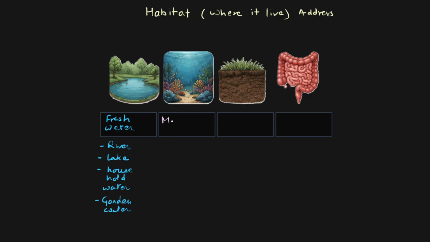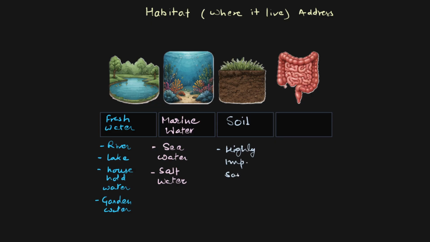Next, as you can see in the image, I'm sure you can guess it's marine water. So protozoa are present inside the seawater, salty water. They are also able to survive. Next is soil. We have a nice garden outside, and in that soil you can find eggs, you can find parasites. So that is a really important source of these protozoans.